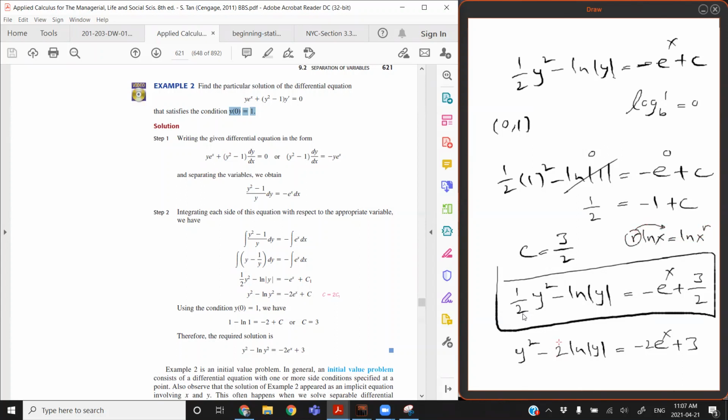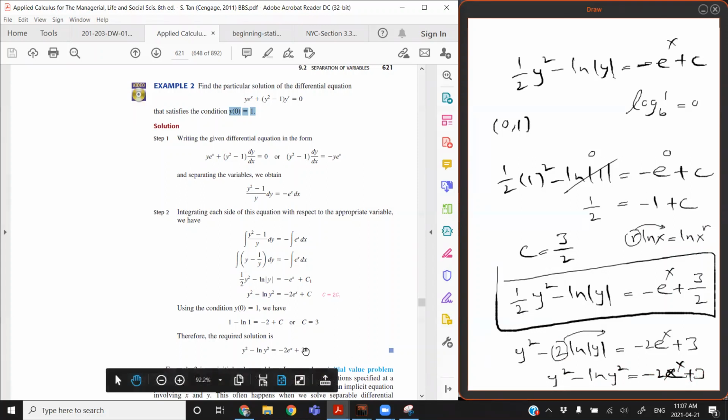Then I get the absolute value of y squared, which is the same thing as y squared because it's positive. So I get y squared minus ln of y squared is equal to minus 2e to the power of x plus 3, which is the same thing as you have over here in the book. But again, if you leave it like this, that's also fine.